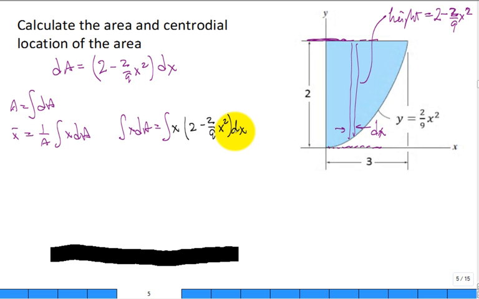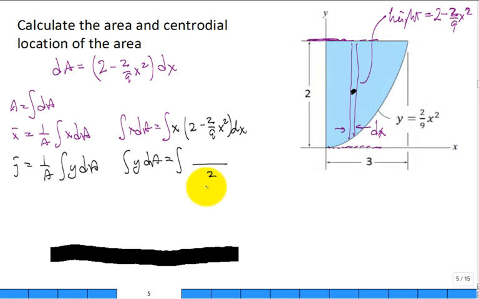Y bar, I mean. So y bar is equal to 1 over the same area, integral of y dA. Here, for this y, I need to calculate the center of that strip. And so what is that y location of the center of that strip? So when I have the integral of y dA, I have the integral of, just average 2 and the bottom height, 2/9 x squared.